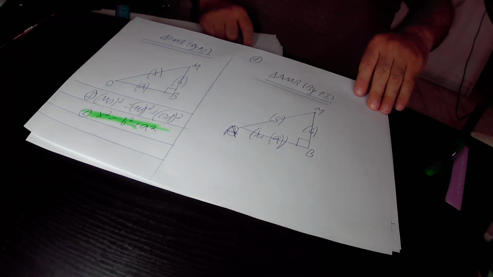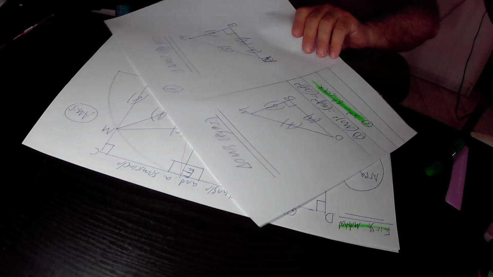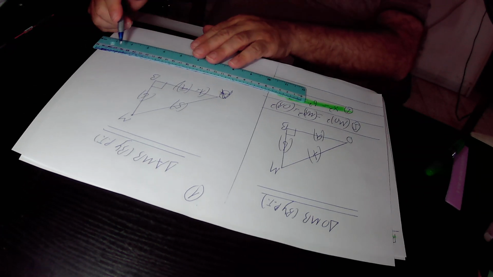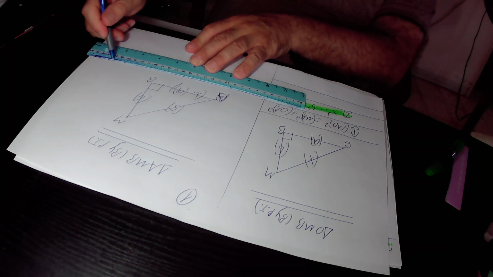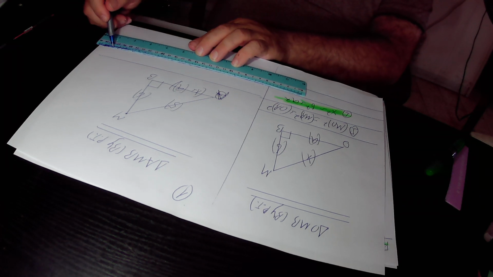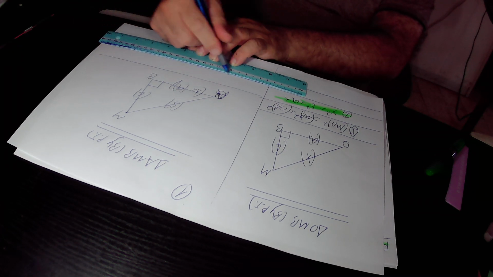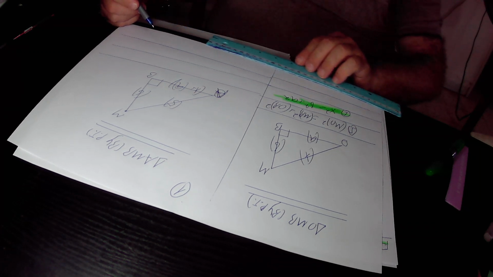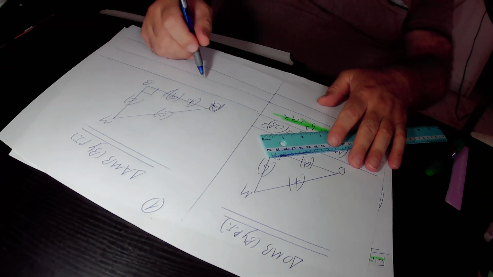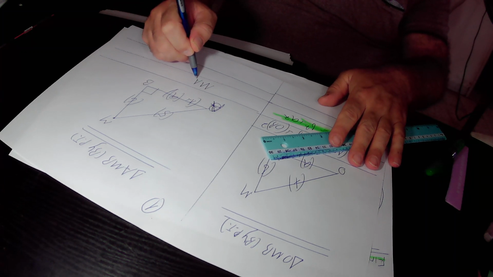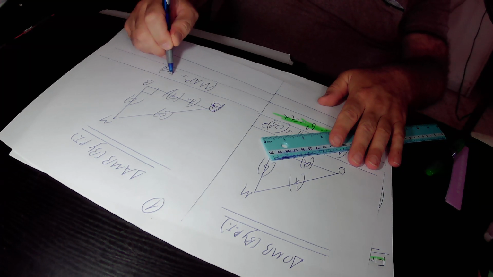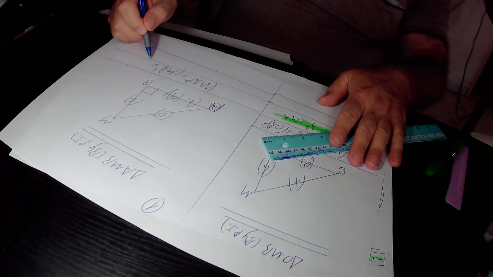So I'll write it down. MA square, the square of the hypotenuse, equals MB square plus AB square.